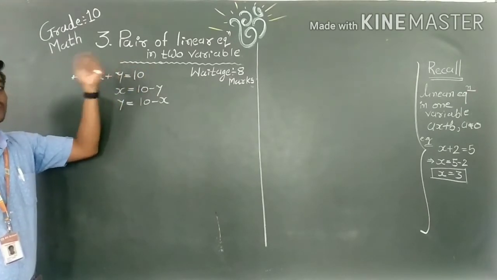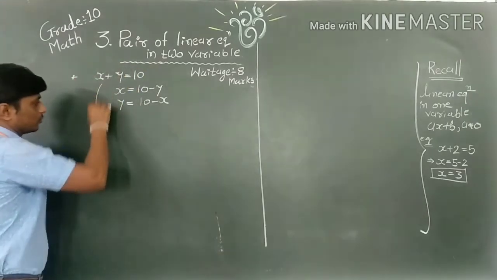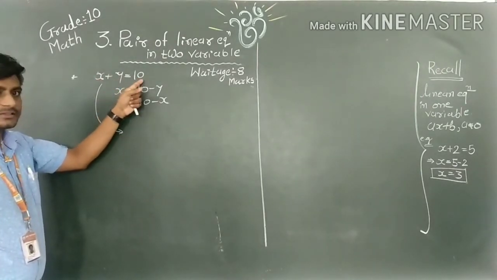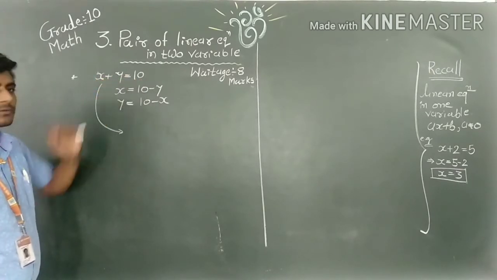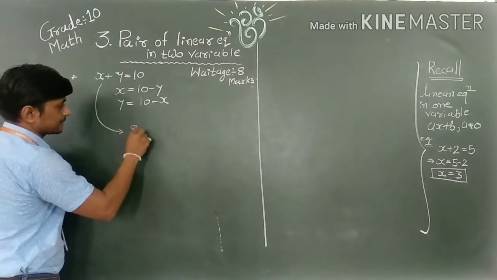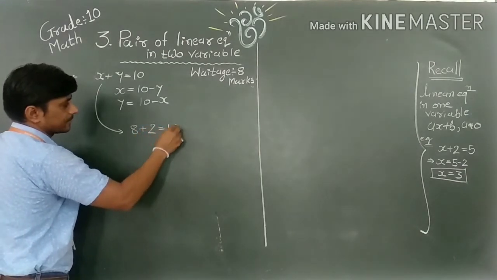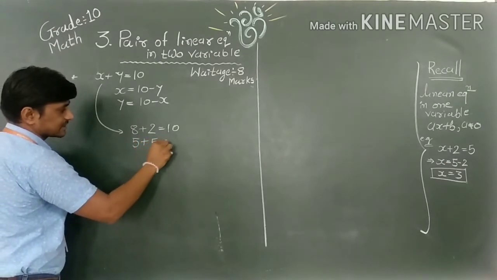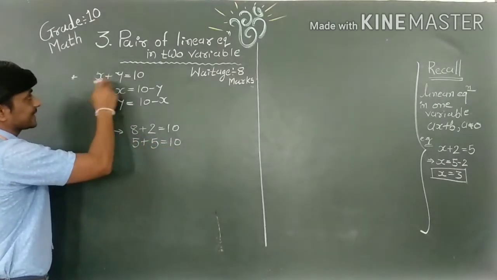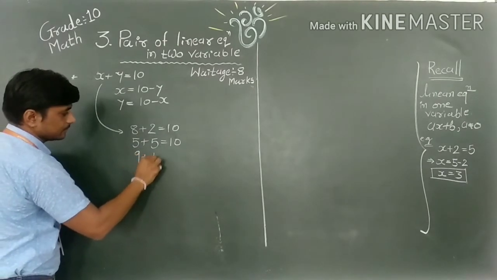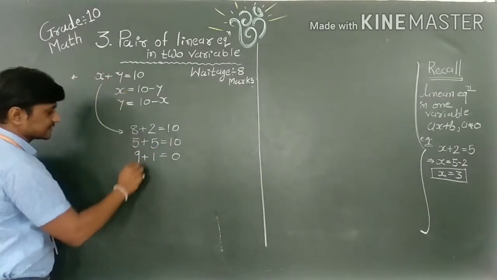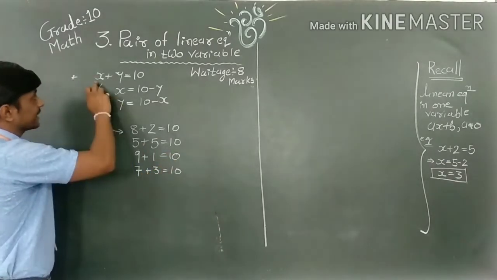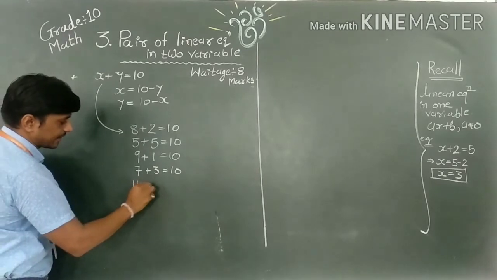Look: the sum of two unknown variables is 10. We can write 8 plus 2 is equal to 10. Also 5 plus 5 is equal to 10, 9 plus 1 is equal to 10, 7 plus 3 is equal to 10, and also 11 minus 1 is equal to 10.